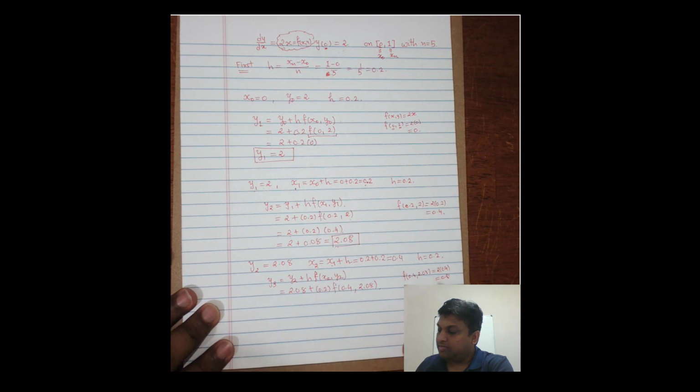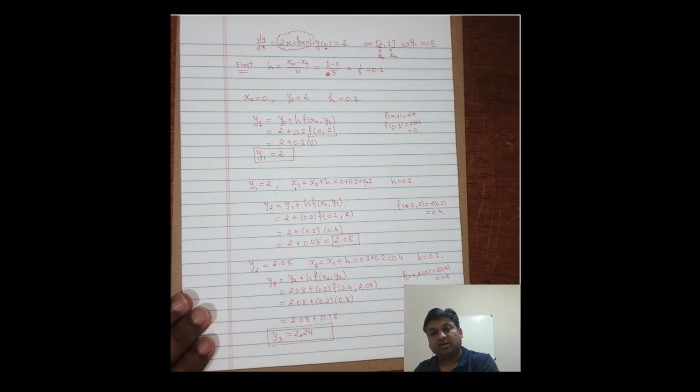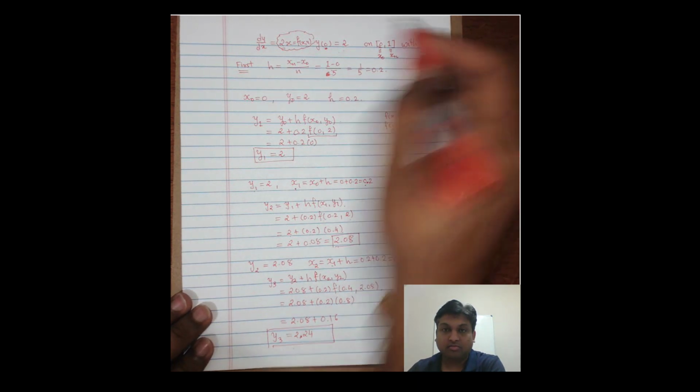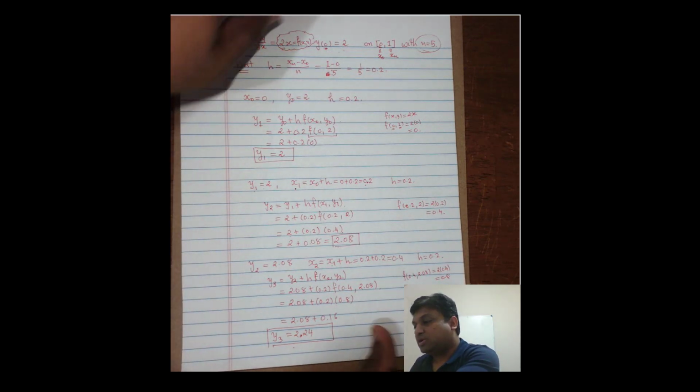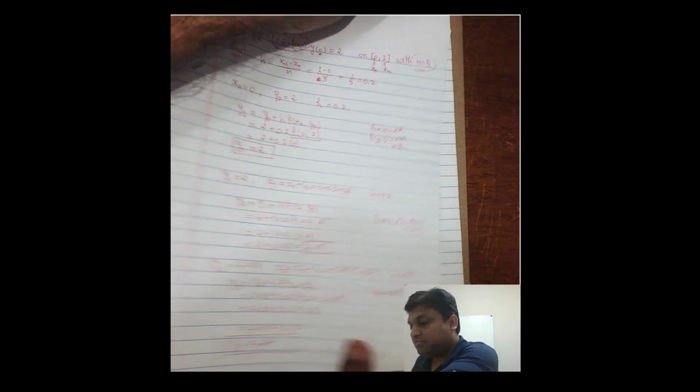I'm ready to plug that value in here. 2.08 plus 0.2 times 0.8. 0.2 times 0.8 is 0.16, and that adds up to 2.24. This is the third approximated solution. Remember how many solutions do I need? I need the first 5. Let's compute the remaining 2.